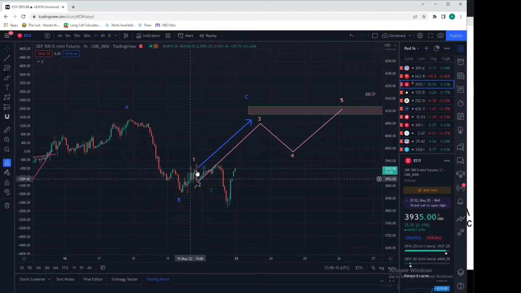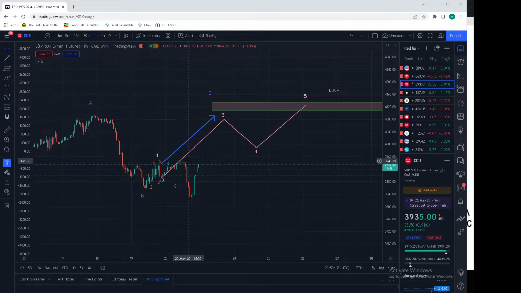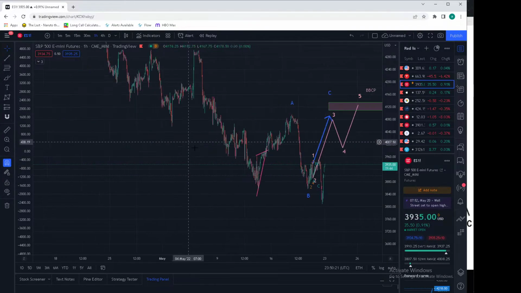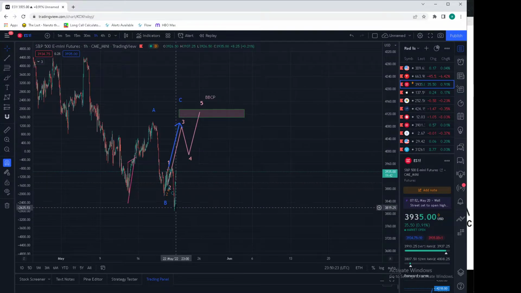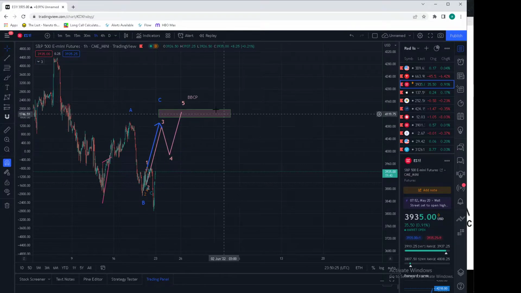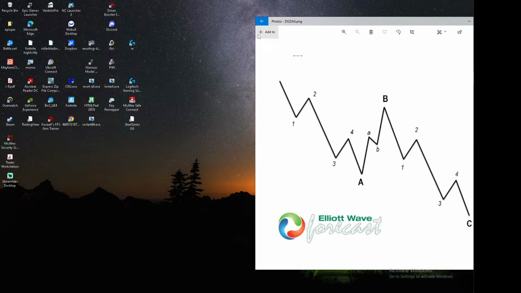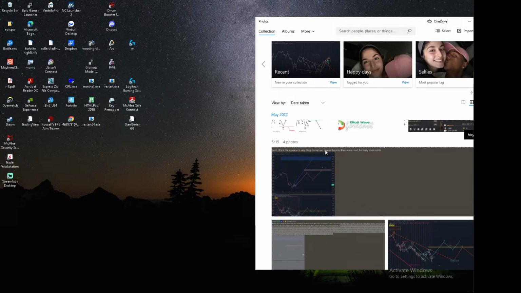ABC. So here we are. We have a bullish and bearish converging point here, and this is also a flat correction. Let me just show you what that looks like.